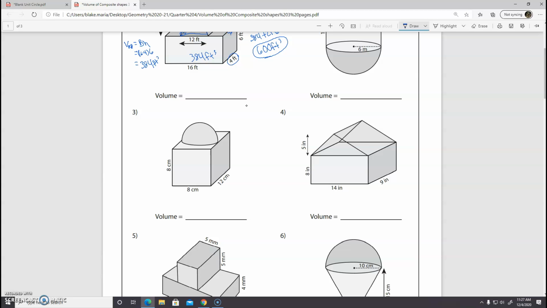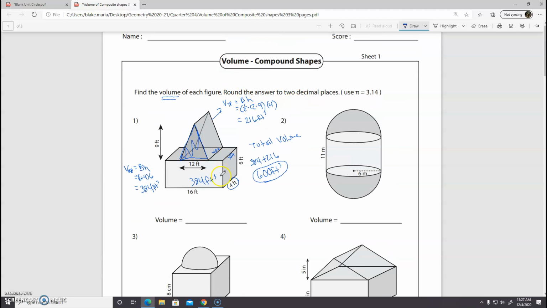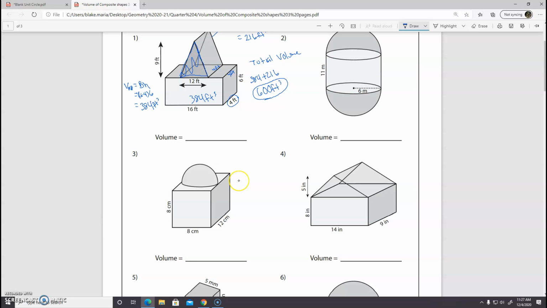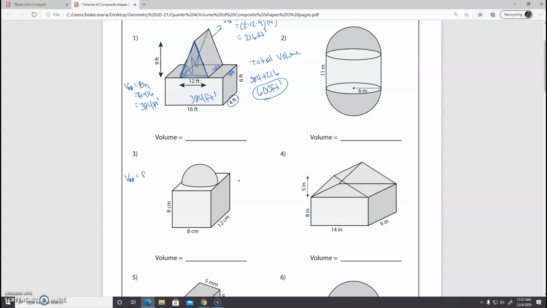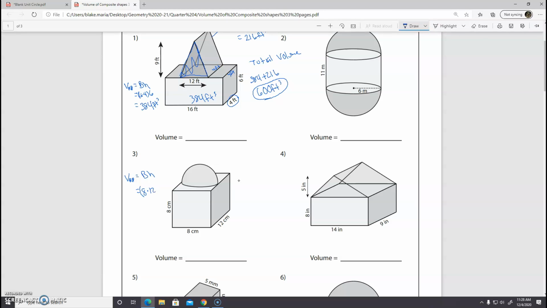They do say round, okay. So let's start with the rectangular prism. The volume of my rectangular prism, again, is big B times H. My base is a rectangle, so the area of that rectangle is 8 times 12. The height is the distance between my bases, so from bottom to top is 8.